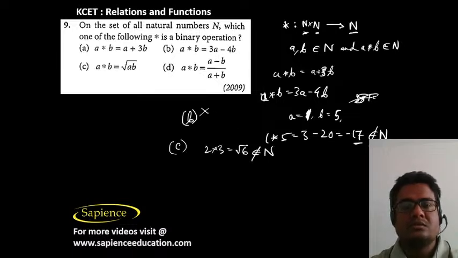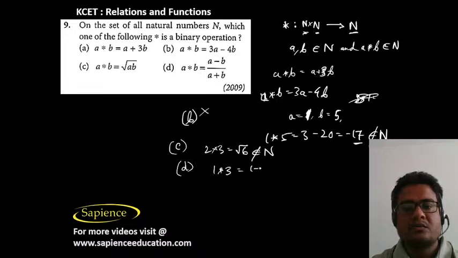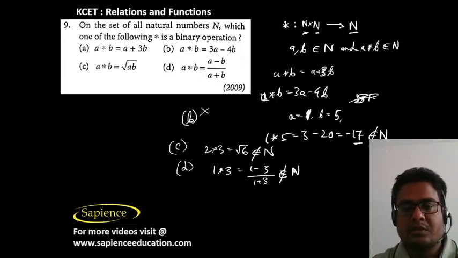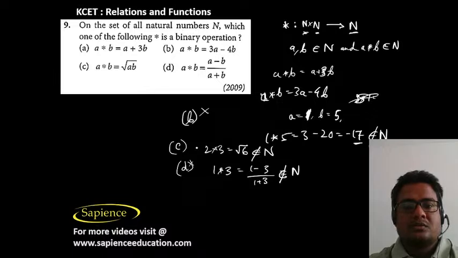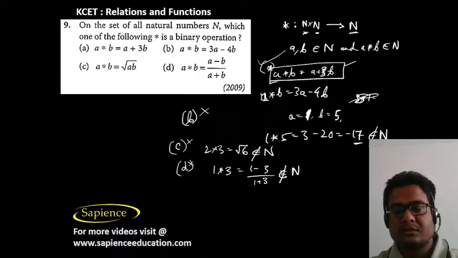It is not a binary operation on the set N. And D also, if you take like 1 star 3, that will be 1 minus 3 by 1 plus 3, which is not a natural number. So option D also, the operation star is not a binary operation. So only the first option, a star b equal to a plus 3b, is the only binary operation, and A is the correct answer.